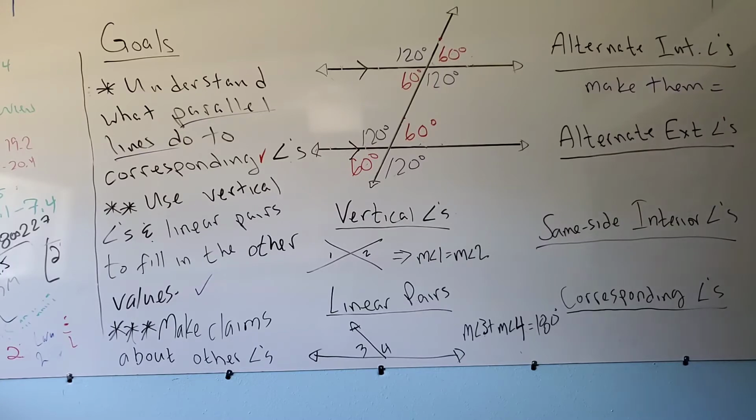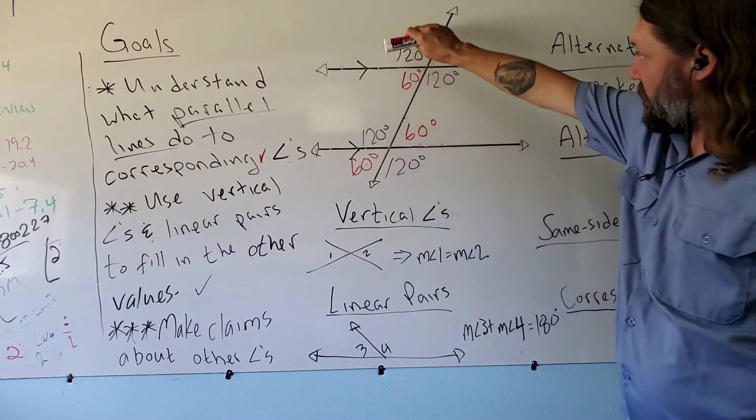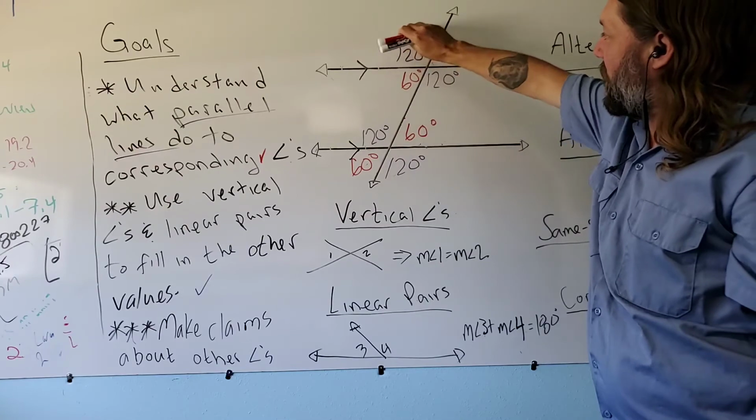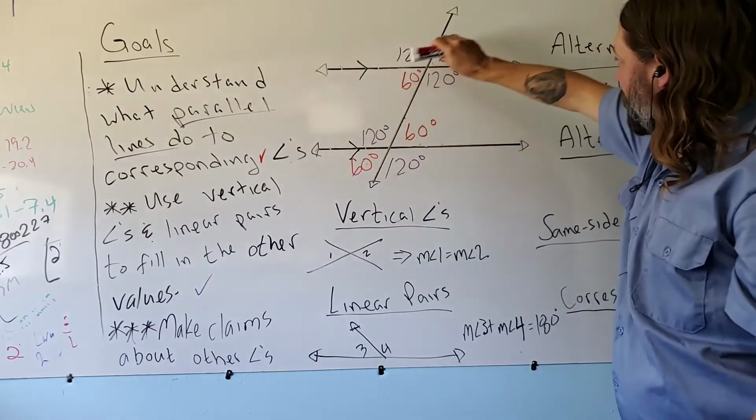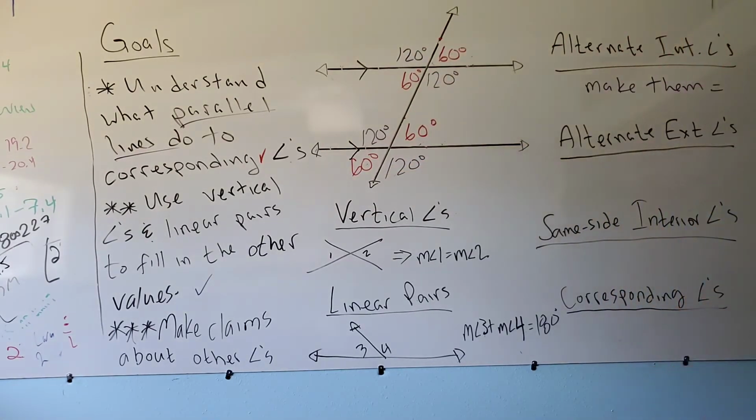Alternate exterior angles, like this 120 degrees. Oh, this is also 120 degrees. These are alternate exterior. And these alternate exterior angles are both 60 degrees. And so just like alternate interior angles, parallel lines make them equal.